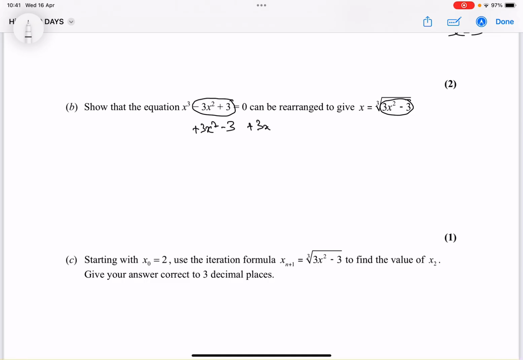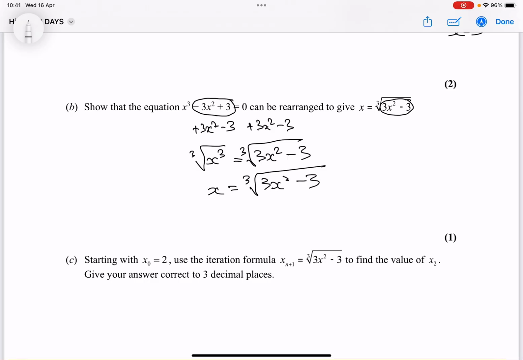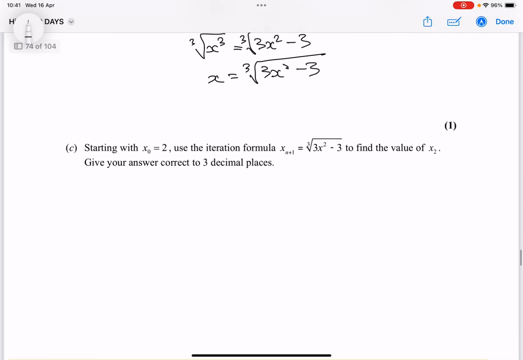That gives me x cubed equals 3x squared minus 3. To get rid of the cube, I cube root, and there we go, x equals. They're not always the same, however, these usually are.